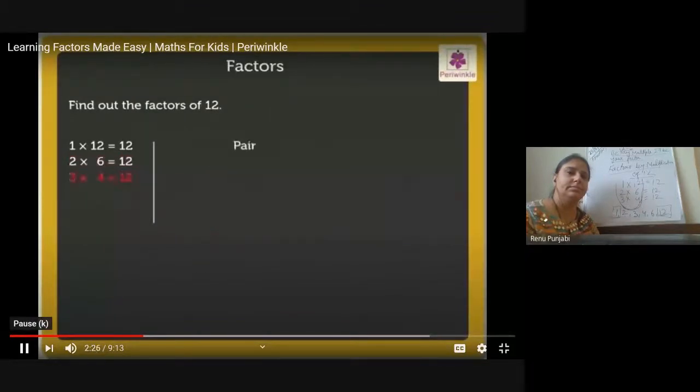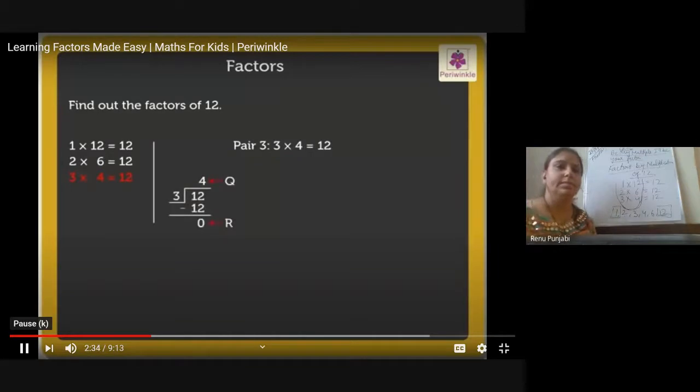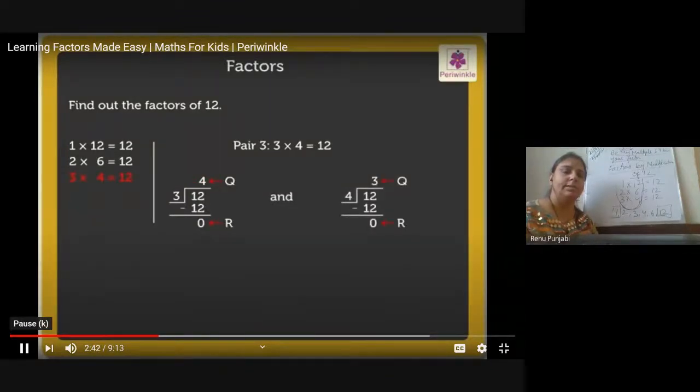Pair 3. 3 into 4 is equal to 12. Here, if we divide 12 by 3, we get the quotient as 4. And if we divide 12 by 4, we get the quotient as 3.